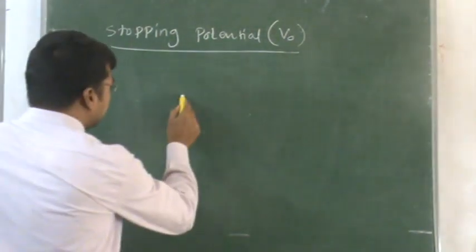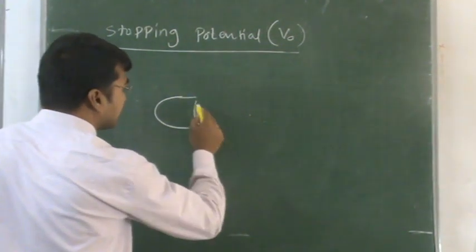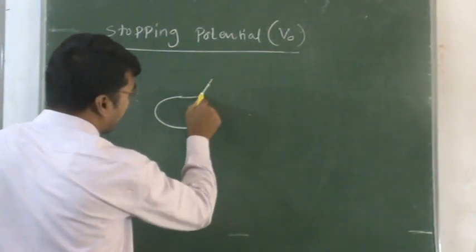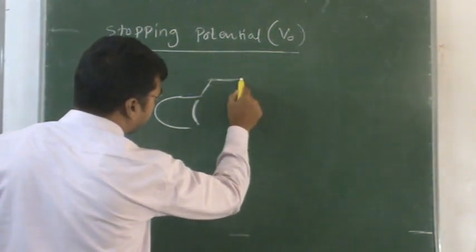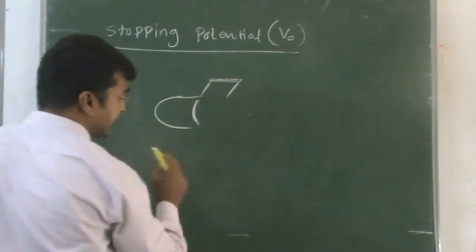I'm taking one discharging tube. This is the cathode. This is a window which consists of transparent glass.